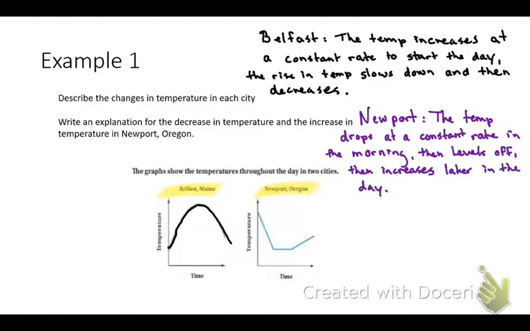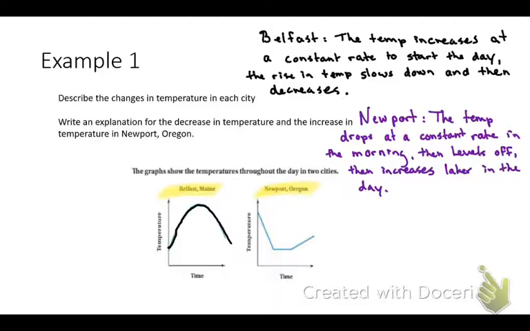Okay? So, again, were there any specific numbers? No. All I'm saying is the temperature drops at the beginning of the day, then it levels off, then it increases at the end of the day. That's it. Okay? So you don't have to have the exact explanation that I just wrote. As long as you're telling me, morning or what time of day type thing that starts off in the morning, levels off, and then warms up later in the day. That's fine. Did you guys write something similar to that on your papers?